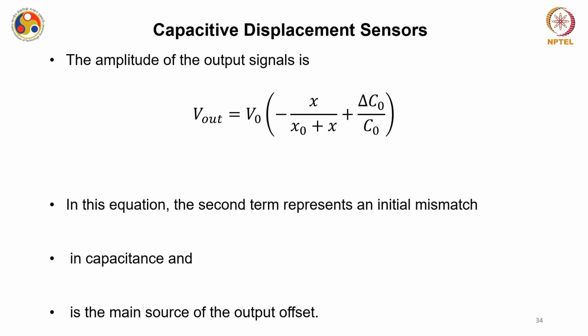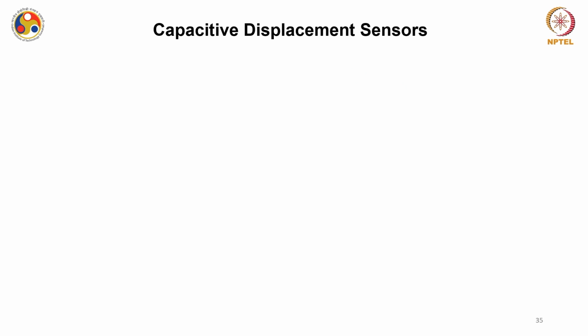Please note that in this equation, the second term delta C naught by C naught is very important, and it represents any initial mismatch in the capacitance, and is the main source of the output offset.